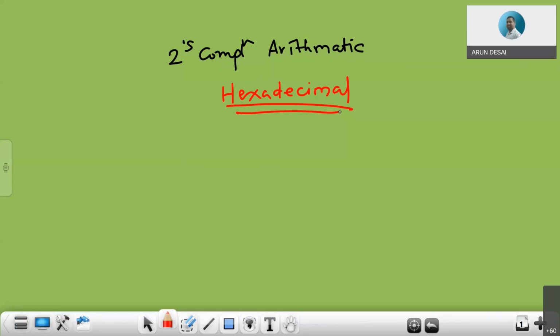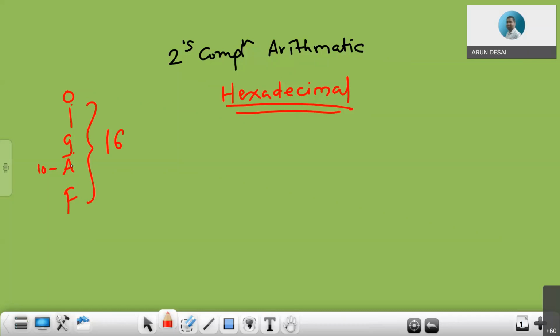So what symbols are there? From 0 to 9, and from 10 it is A to F. Total 16 symbols are there in the hexadecimal number system.